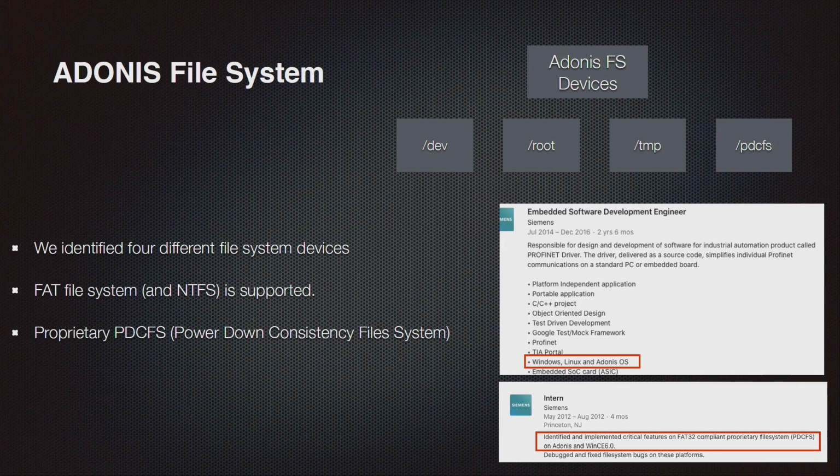So here in the one case, you could see that they are talking about ADONIS OS, and on the other hand, they are talking about a proprietary file system format, which is FAT32 compliant, the power down consistency file system, which seems to be there to make sure that in case the Siemens PLC loses power all of a sudden, the file system will still stay intact. So this is an interesting source of open source intelligence. Sometimes if you look for internal names, we could get some hints in the open as well.